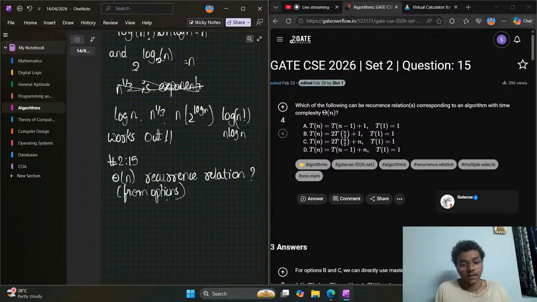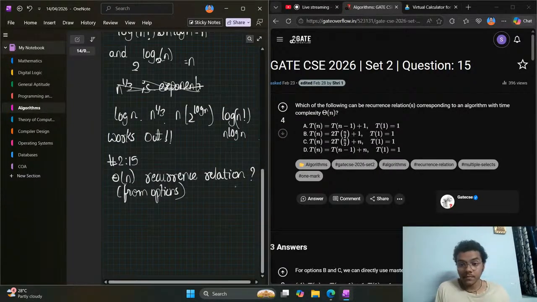Yes, being very precise is important. So T of n equals T of n minus 1 plus 1, here growing by 1.